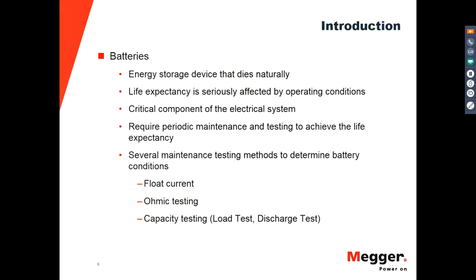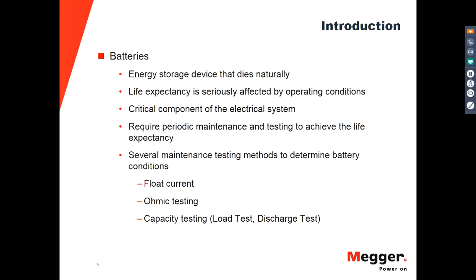And usually for the vented lead acid batteries is around 20 years. For the valve regulated batteries, it's around 10, 15 years or even lower than the 10 years. And all of this expectancy is seriously affected by the operating conditions.